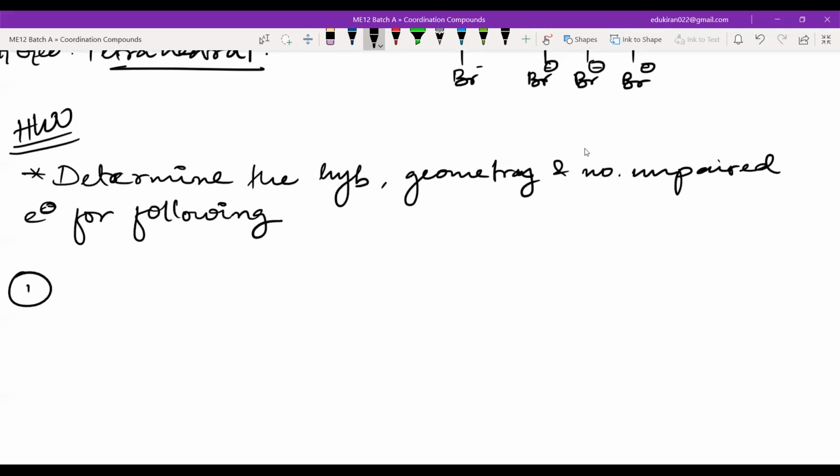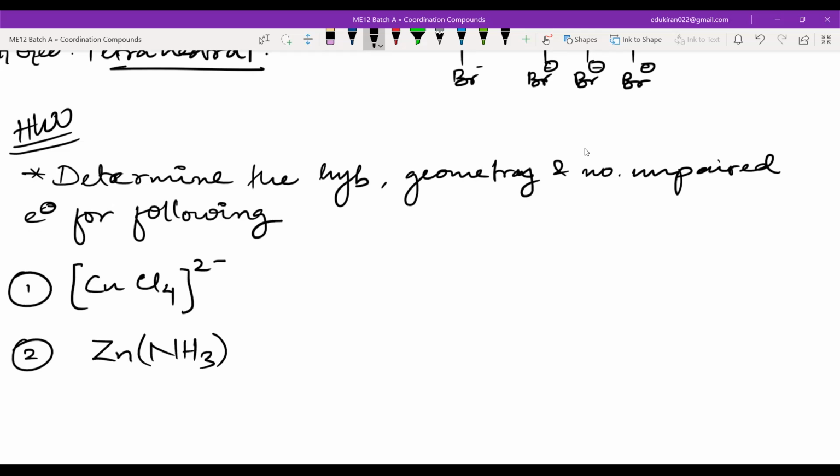I will be using only those ligands for whose examples we have done. So from there you can understand whether there will be pairing or no pairing. Please write Cu, then the second one, Zn(NH3)4 2 positive.